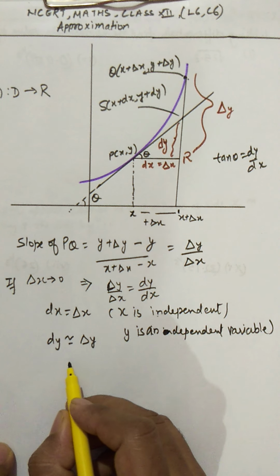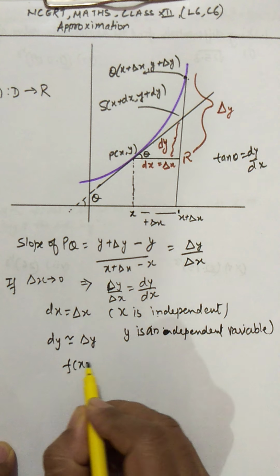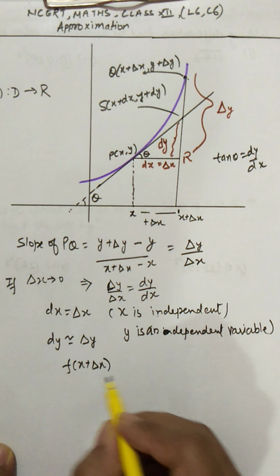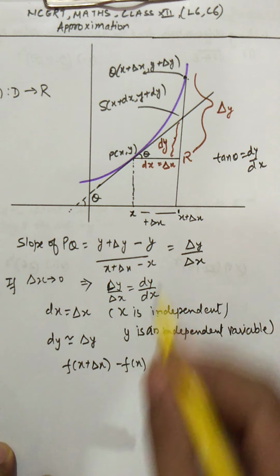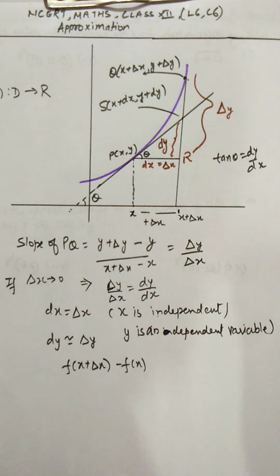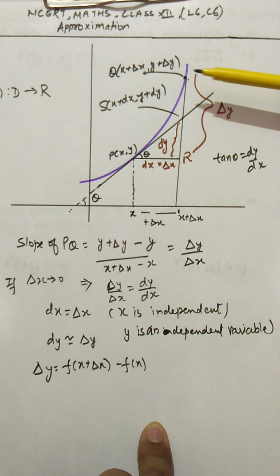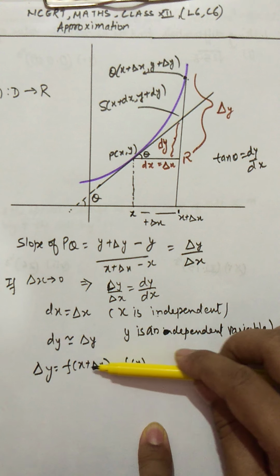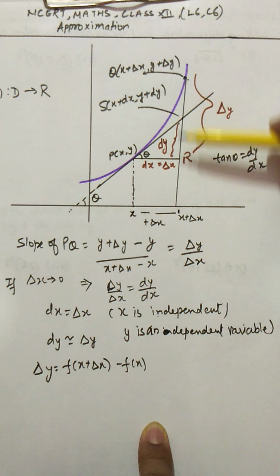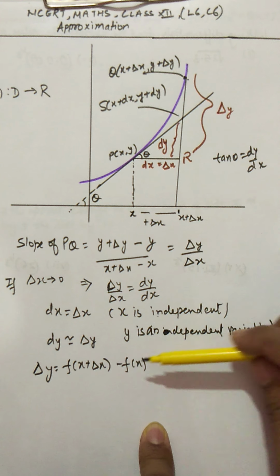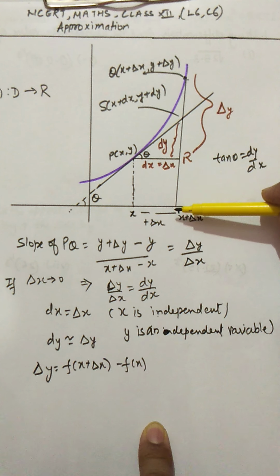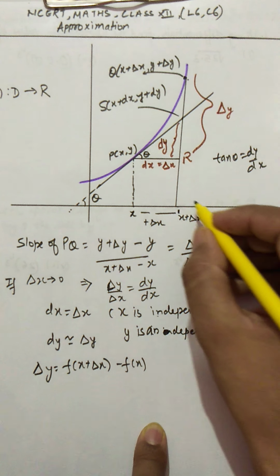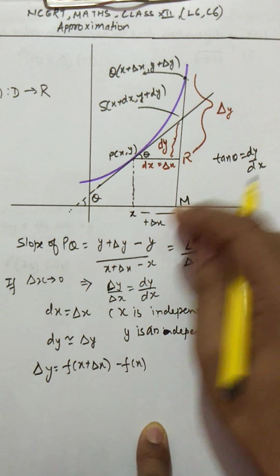And further you can see that f(x plus delta x) minus f(x) is going to be, you can see, this delta y is actually from this point to this point. This is your f(x plus delta x) from this point to this point, and minus f(x) from R to this point, and let's say this is point M.